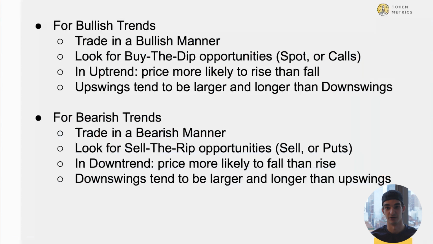Maybe it's not the case for you or everyone. I find it extremely hard to buy a dip when the trend is downward. And exactly the same in a bullish trend, I find it hard to sell the top, because it requires a lot of market timing. And I personally don't believe that I can time the market in an accurate way.